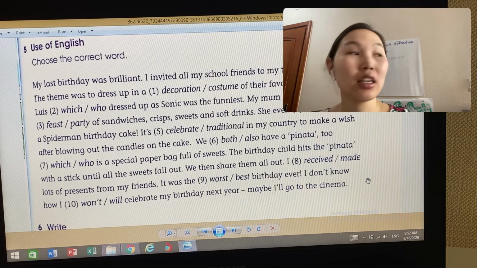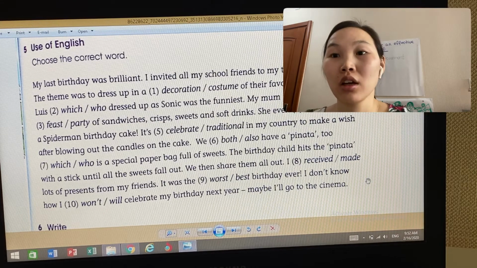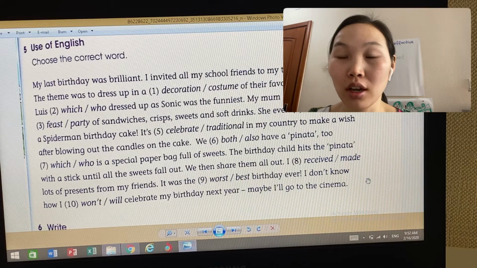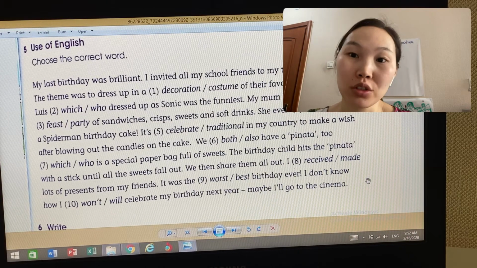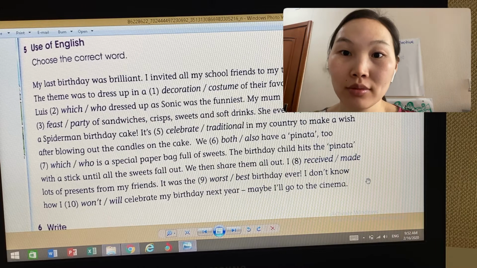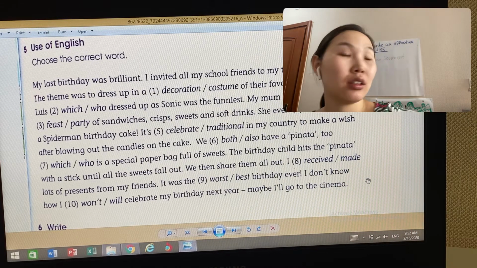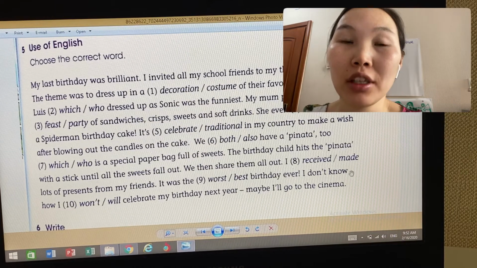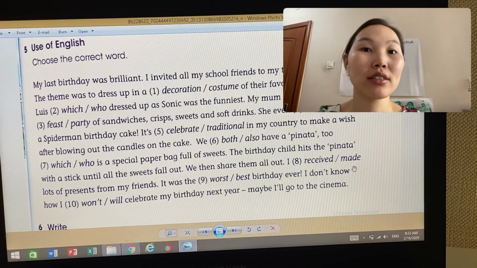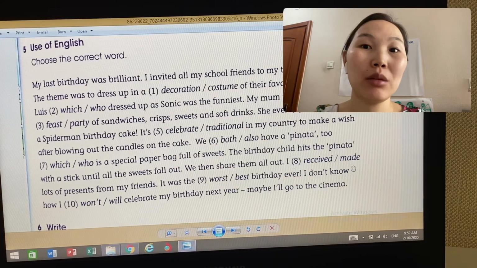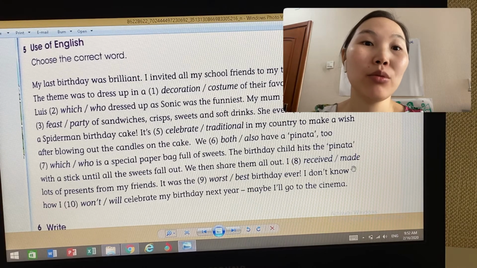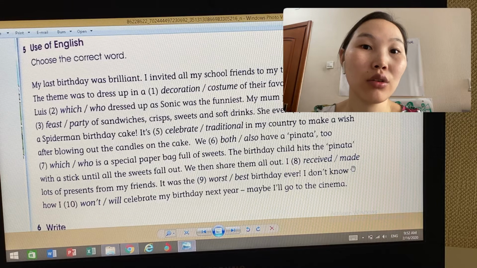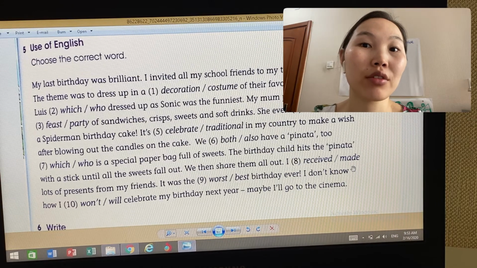Depending on the context, I want you to choose one of the word options that's given. For example, my last birthday was brilliant. I invited all my school friends to my theme party. The theme was to dress up in a decoration or costume of their favorite superhero.